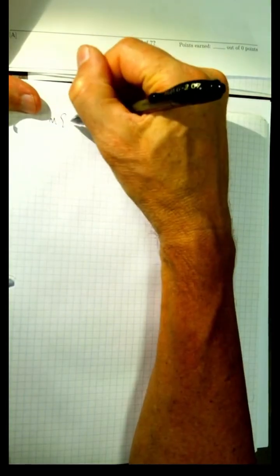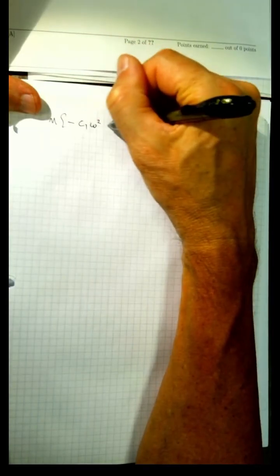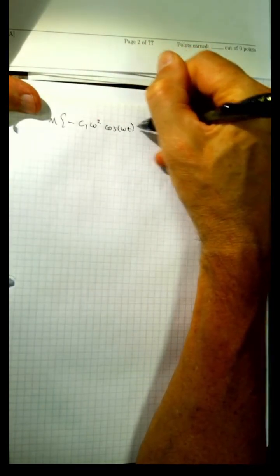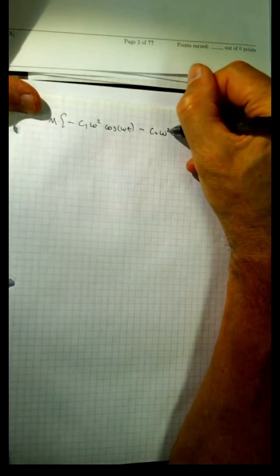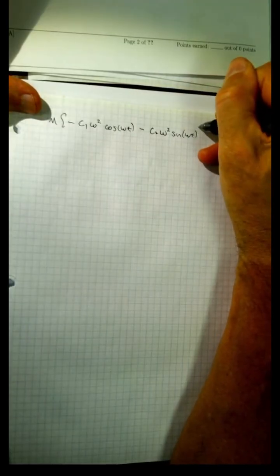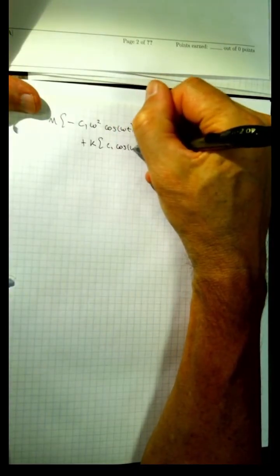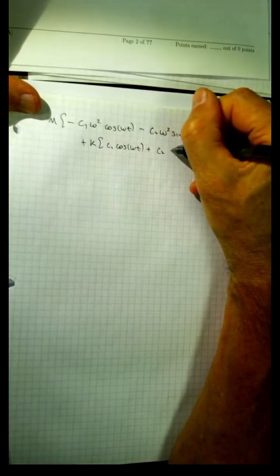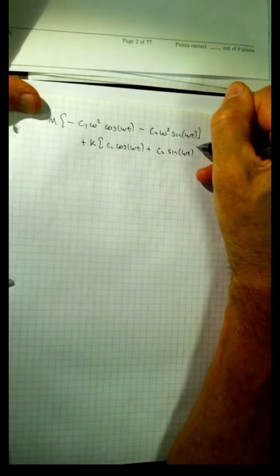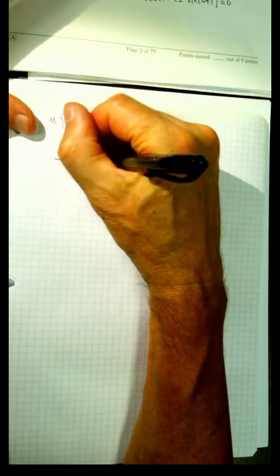So we have m times minus c1 omega squared cosine omega t minus c2 omega squared sine omega t plus k times c1 cosine omega t plus c2 sine omega t is 0. So I'm just going to multiply everything through.